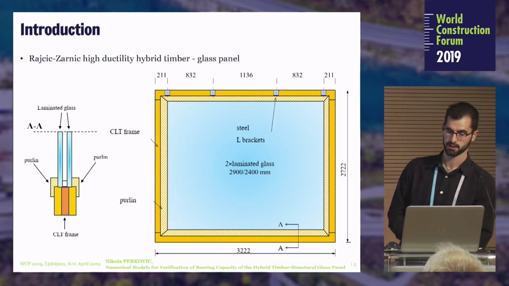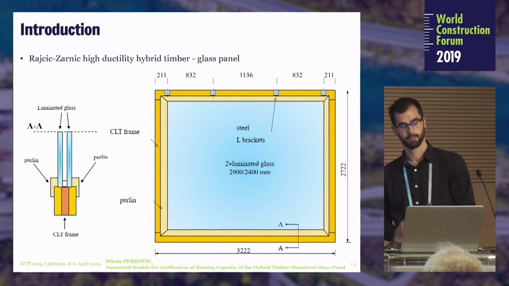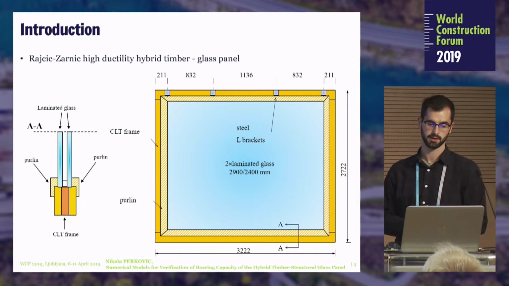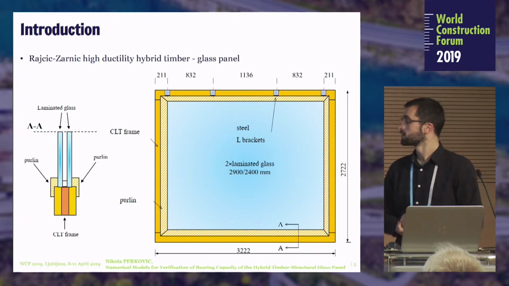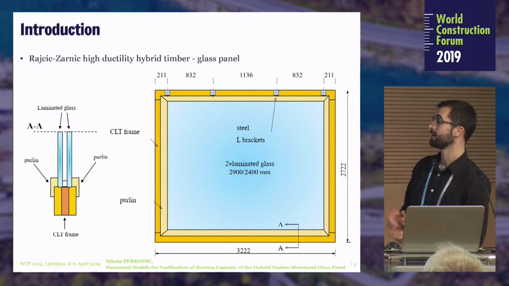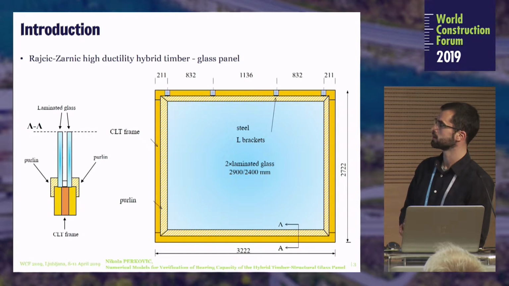What you were supposed to hear before this presentation is about this hybrid timber glass panel. It was invented by Professor Rajčić and Žarnić, and it's a high ductility hybrid timber glass panel.